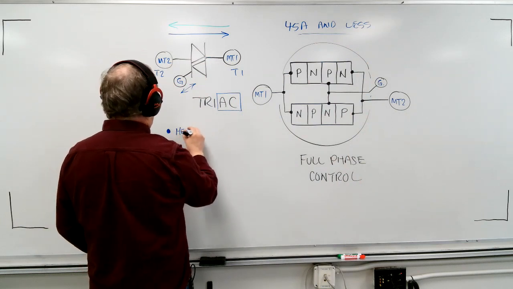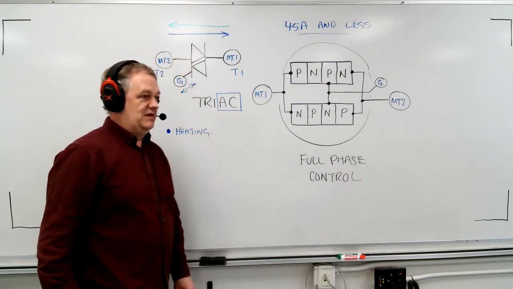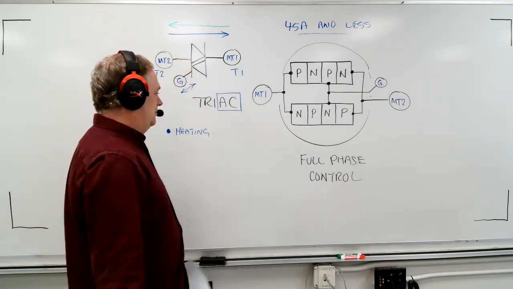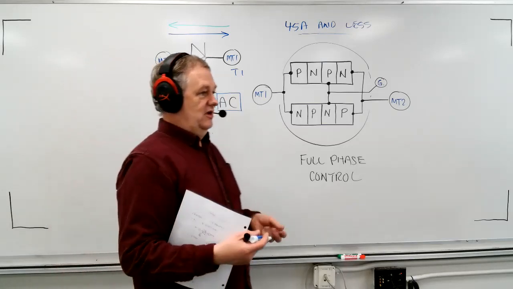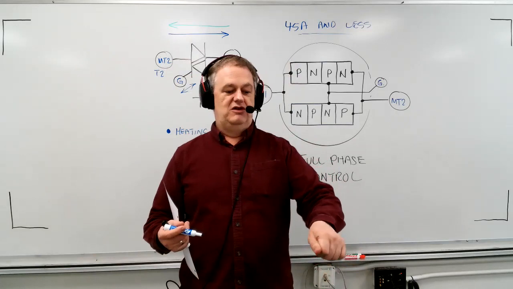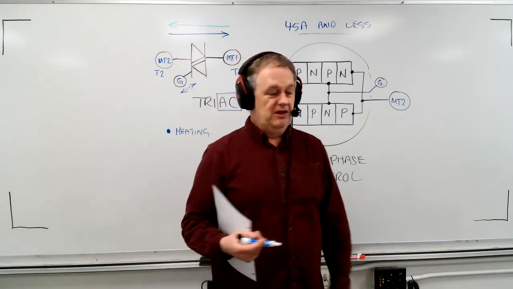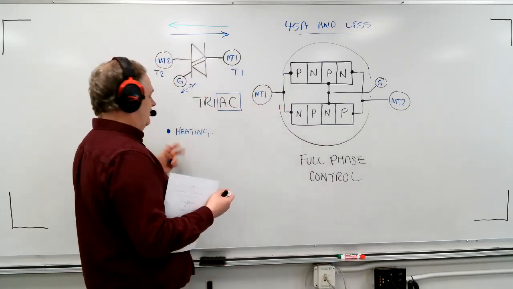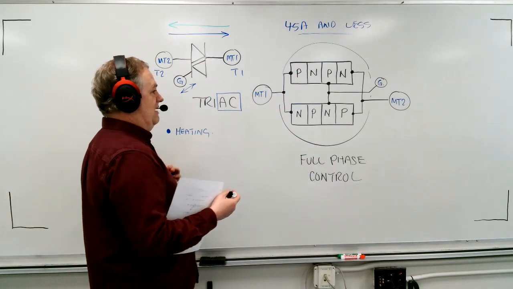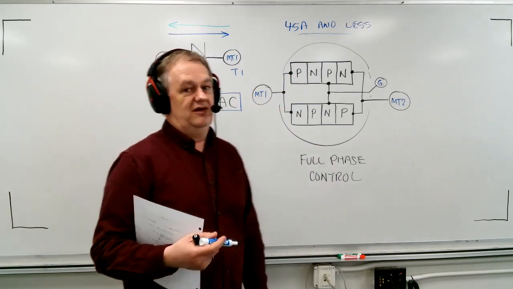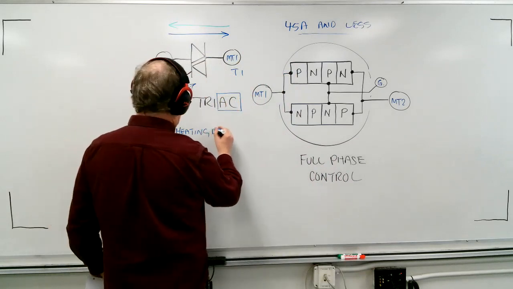Heating elements. So, when you look at resistive type heating, even inductive type heating in range tops, where you've got your dial on your stove and you can dial it from 1 to 10, depending how fast you want to burn something. And what happens is inside there are triacs that are varying the amount of effective voltage that goes into the element. Okay, so that's one, heating elements.